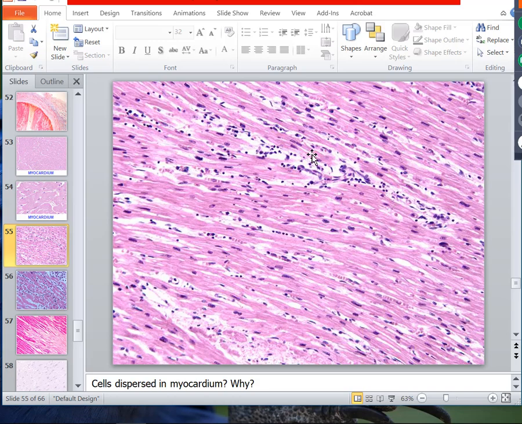So this might be called an acute or recent myocardial infarct. If you technically wanted to call it a myocarditis, second to the presence of necrotic myocardial fibers evoking an inflammatory response, you could do that too, but everybody will laugh at you, okay?